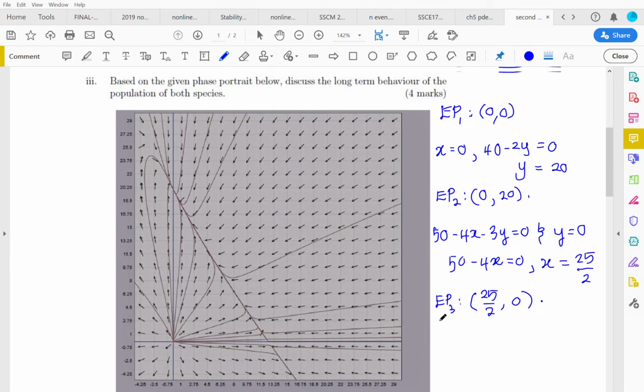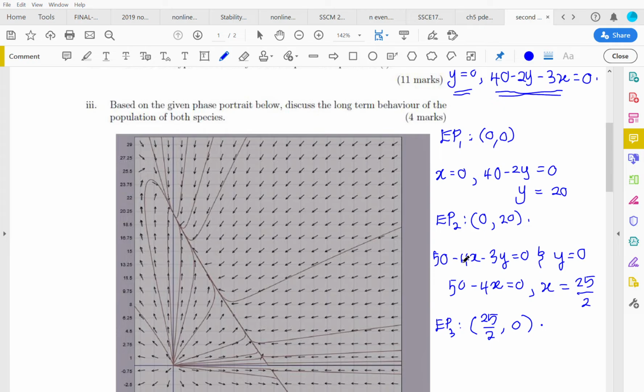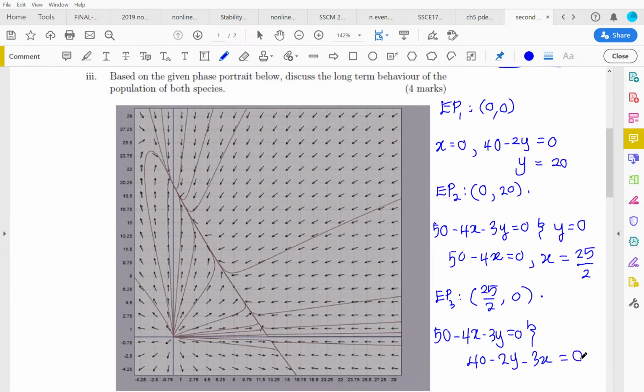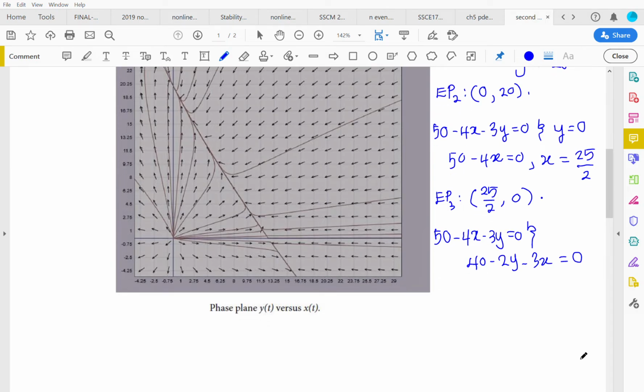So we pair them and solve simultaneously: 50 minus 4x minus 3y equal to 0, with this from the second equation, 40 minus 2y minus 3x equal to 0. Here we have to solve it simultaneously.